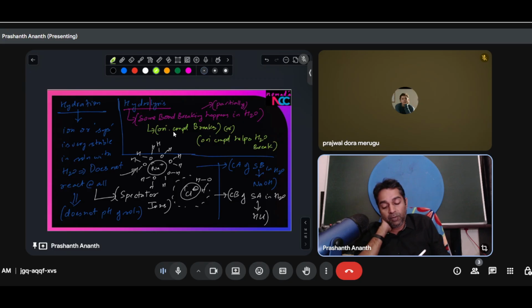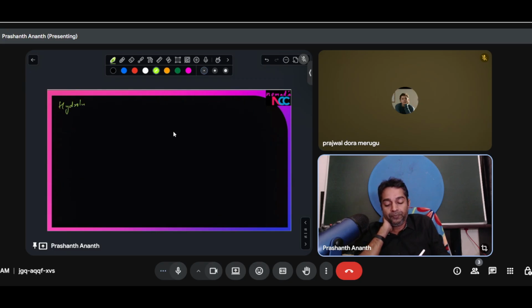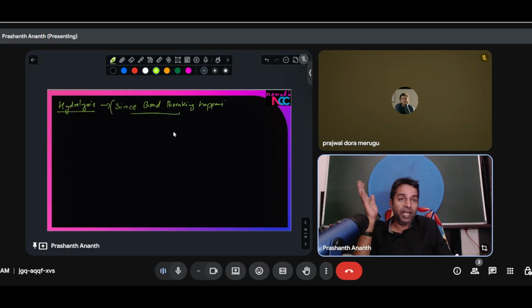One critical feature about hydrolysis though is this. Since bond breaking happens, what happens when bond breaking is happening? You're going to have an electrophile-nucleophile type of pair being created. One thing which is more electron rich, another which is less electron rich.